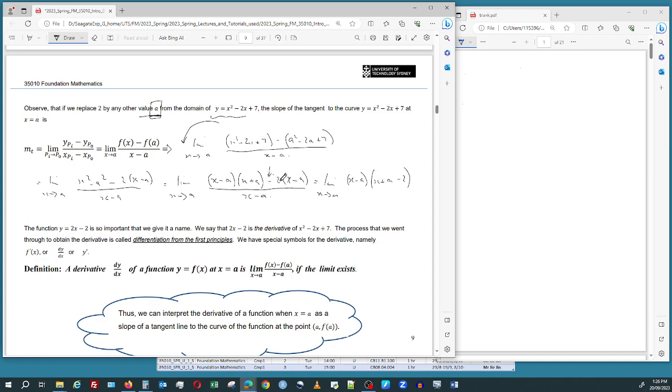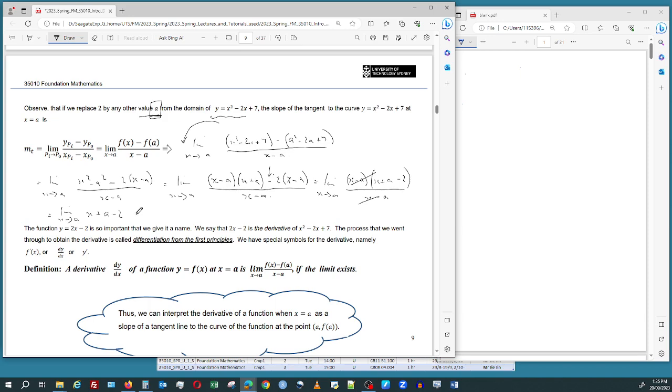So that's this bit. So the common factors come out, and we've got an x minus a, and look what's happened. They've cancelled. So we've got our limit as x approaches a for x plus a minus 2.